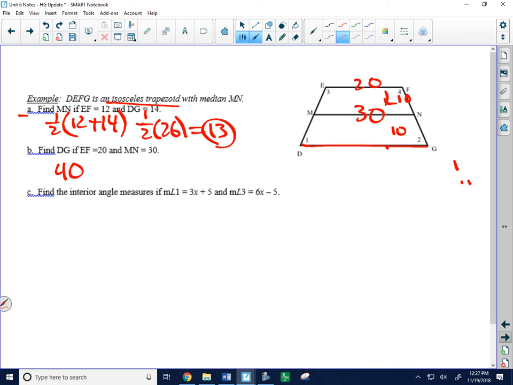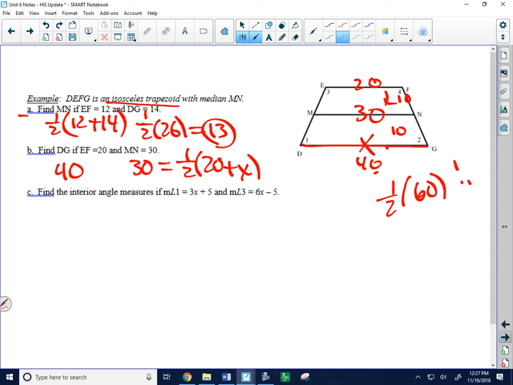You can verify it, half of 20 and 40, that would be 60. And that works. Now, if you were looking for an equation, you call this X. It would be the median 30 is half of 20 plus X. Probably a little easier just doing it this way, but some people like the equation version.